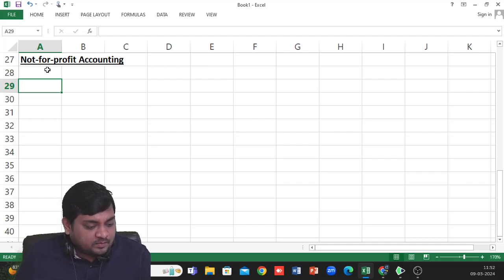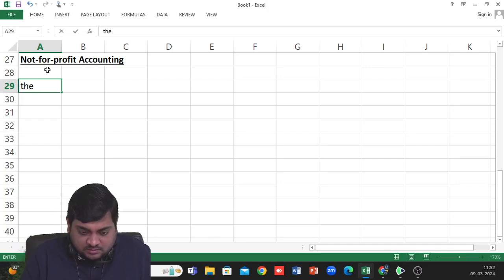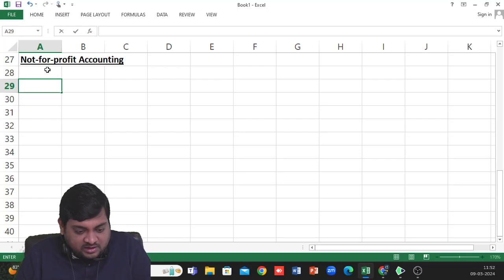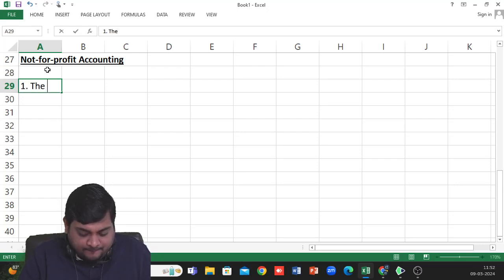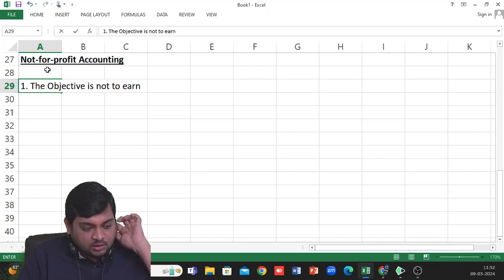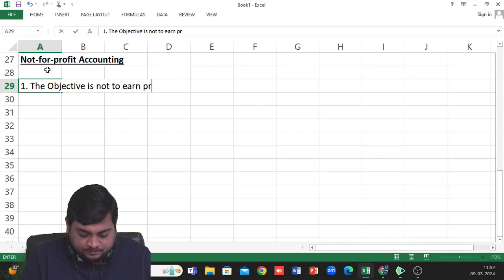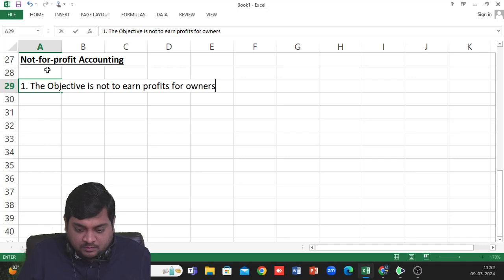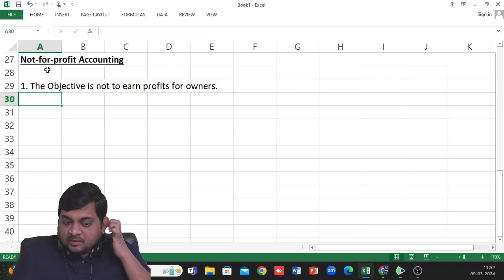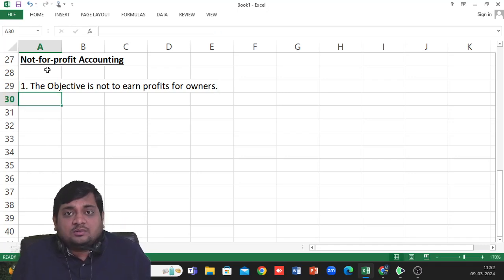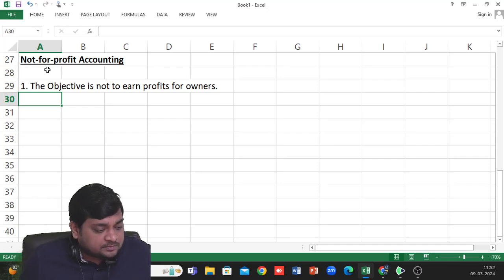So we'll discuss point wise. The objective is not to earn profit for owners, right? Whereas in case of profit organization, the ultimate objective is to earn profit for the owners.